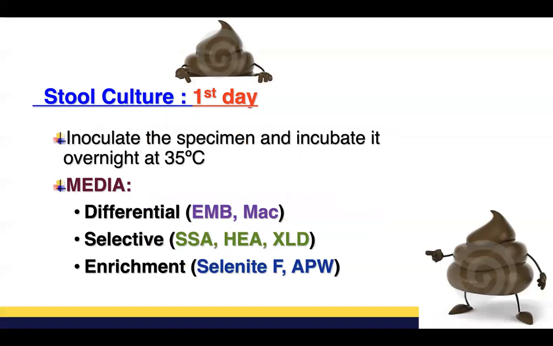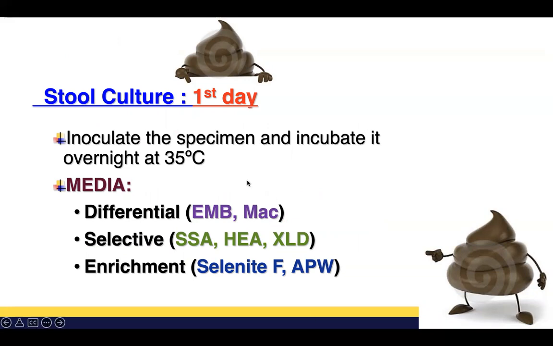So first day of stool culture, inoculate the specimen and incubate it overnight at 35 degrees Celsius. Now, the culture media we usually use for inoculation on the first day are a variety of differential, selective, and enrichment media. For differential media, you can opt for eosin methylene blue and MacConkey.